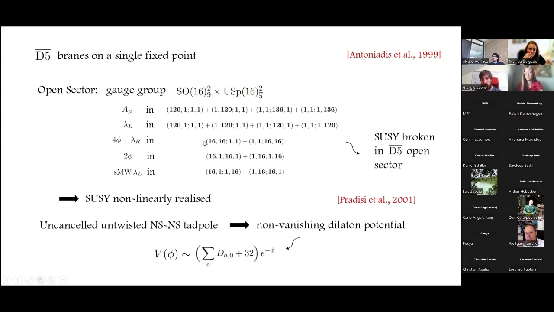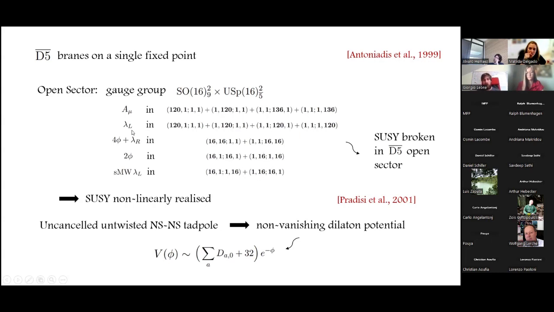You can see that supersymmetry is broken in the open string sector by the presence of the anti-D5 branes, since gauge bosons and would-be gauginos transform into different representations of the gauge group, and also scalars and symplectic Majorana-Weyl left-handed fermions transform into a different representation of the gauge group.